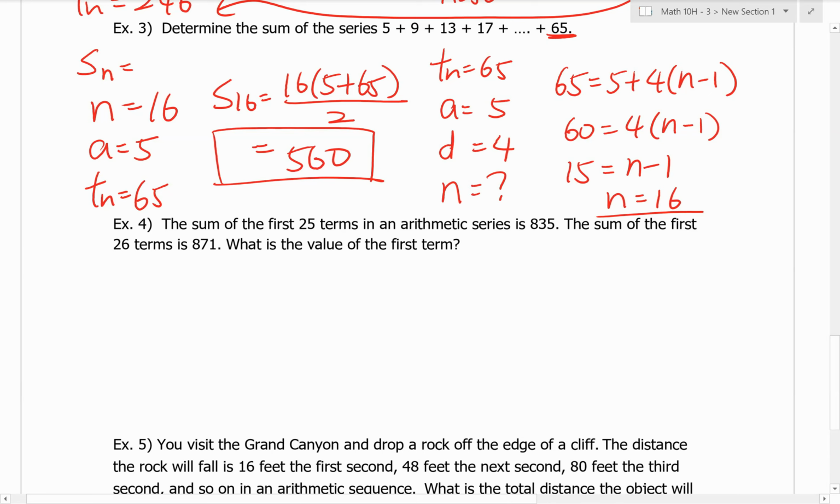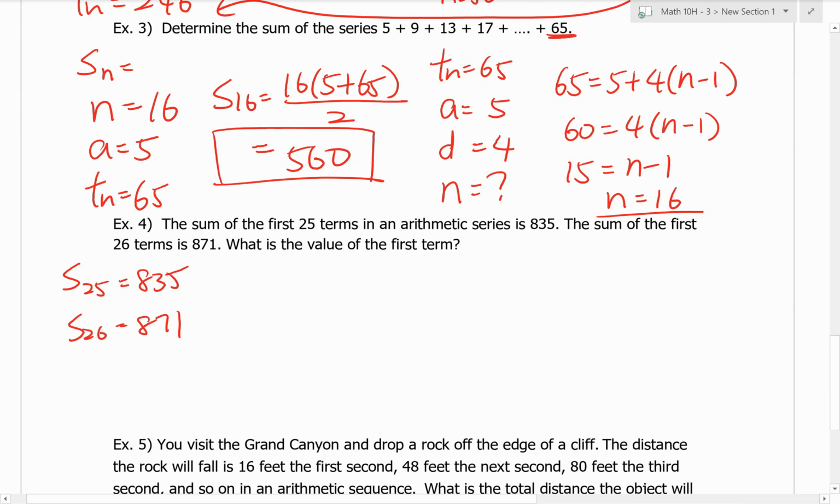It says the sum of the first 25 terms in an arithmetic series is 835, and the sum of the first 26 terms is 871. What is the value of the first term? Well, it tells me that S25 is 835 and S26 is 871.